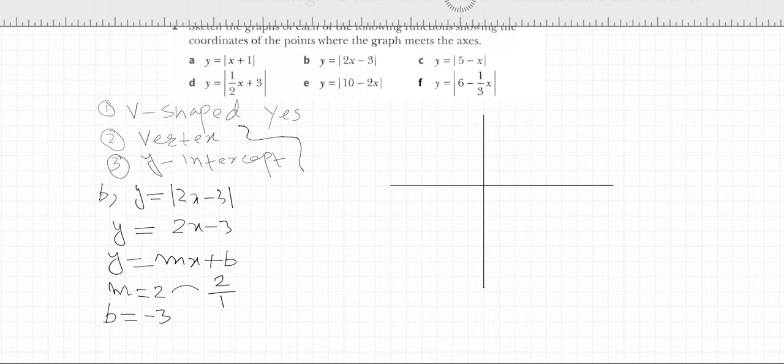This is the x axis and this is the y axis.